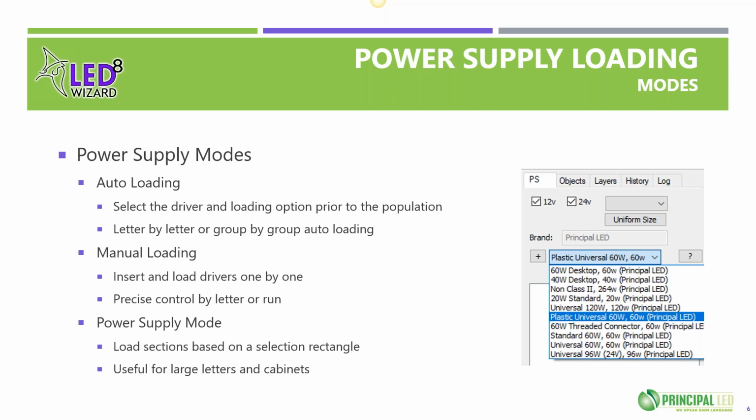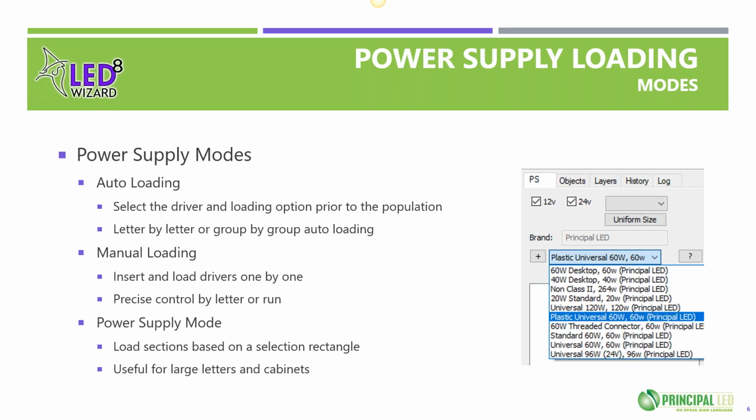If you don't like the results, you can undo or delete and start over. But there are several different options under the category of auto loading that I'll talk about on the next slide. But essentially, there are really 2 ways.